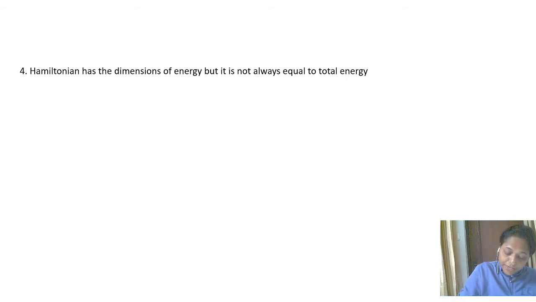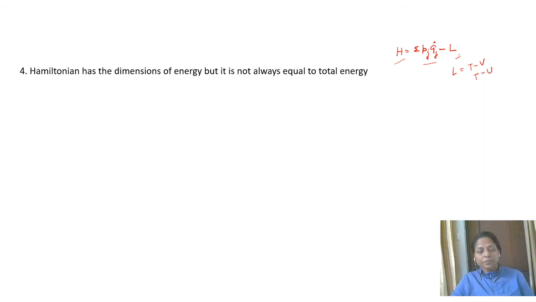You know that H is defined as H is equal to sigma Pj Qj dot minus L. H is defined in terms of L. And by dimensional homogeneity, whatever is the dimension of L should be the dimension of this term and should be the dimension of H. L is the Lagrangian and L is defined in terms of energies. It is either T minus V or T minus U. L has the dimensions of energy and therefore H will necessarily have the dimensions of energy, right?